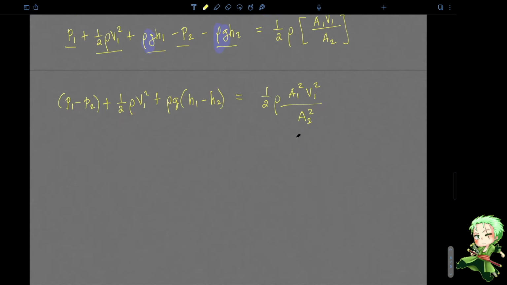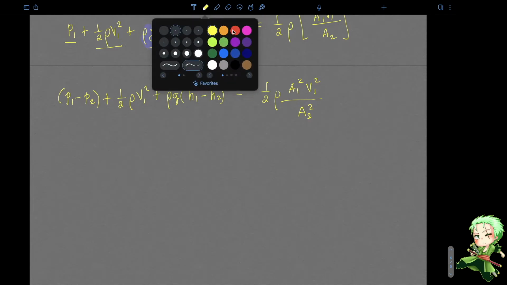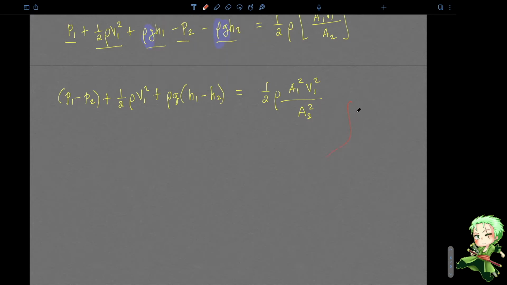Now, take note that in the general derivation of the Bernoulli equation, we actually have this illustration, if you can remember. Like this one, you have cross-sectional area 1 here and area 2 here. And the height h is from this, divided as 1 and 2.